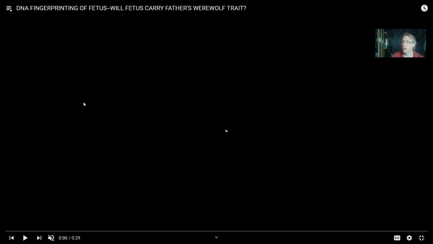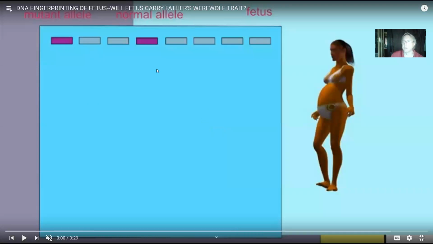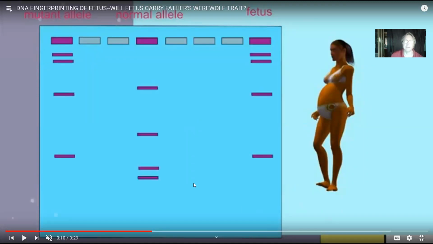And so if one wanted to know whether a fetus carried a trait, I'm just being silly here, a werewolf trait, from a father.